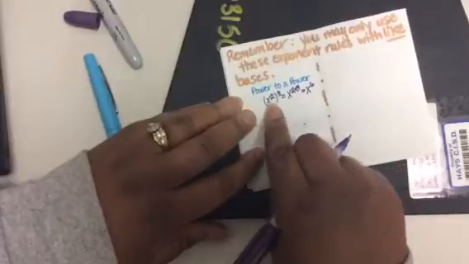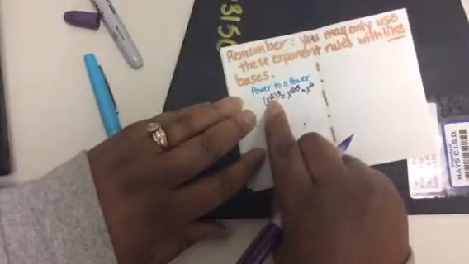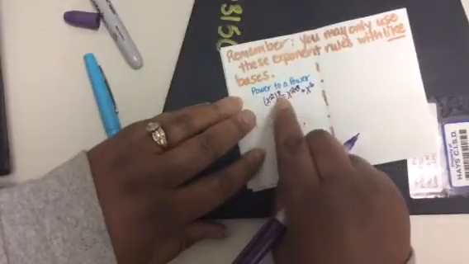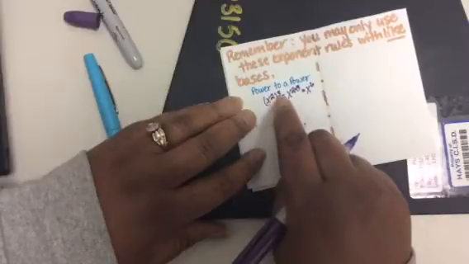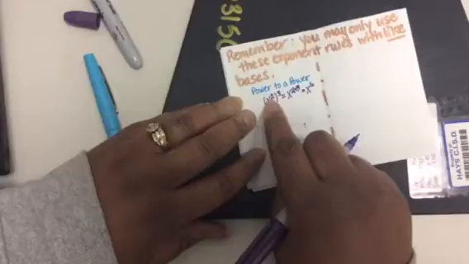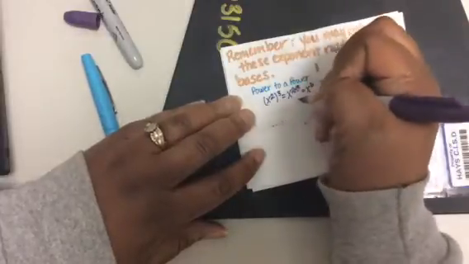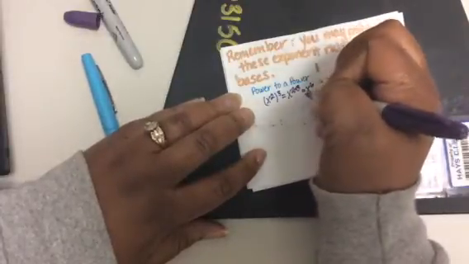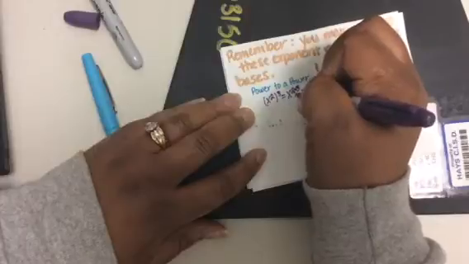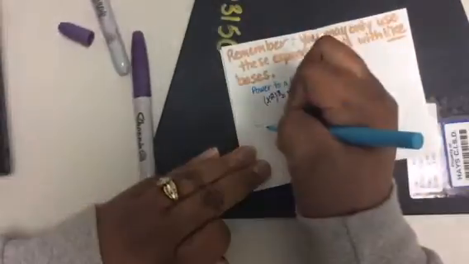So when you have parentheses and a power inside and a power outside, you can multiply the two powers together. So let's write this little note. Draw an arrow here. We're going to multiply.